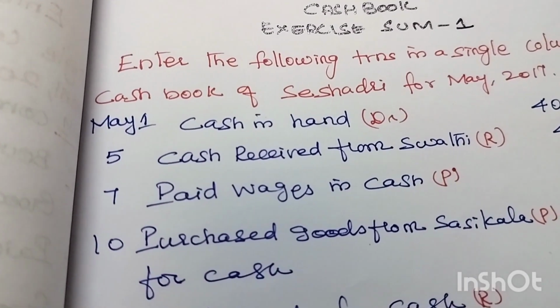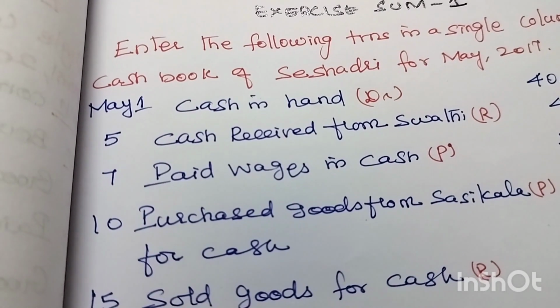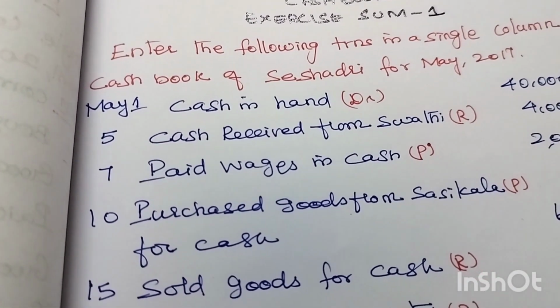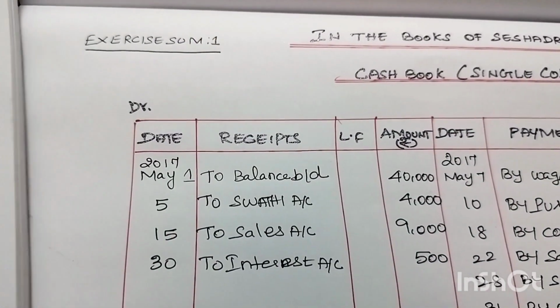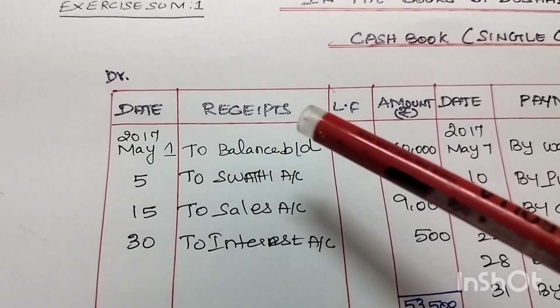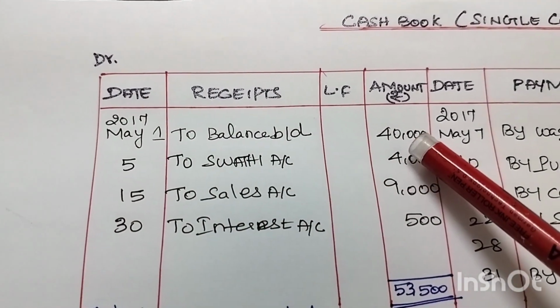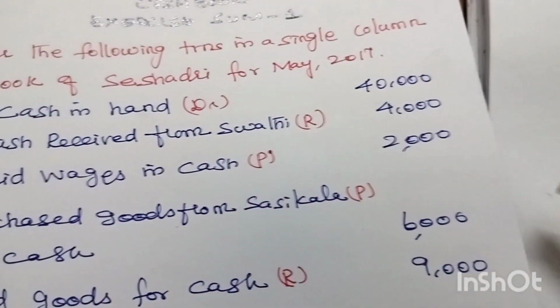In the current accounting period, which means May 1, to balance brought down is 40,000 rupees. We mean it as the cash in hand. So what you have to write in the single column cash book is 2017 May 1, to balance brought down 40,000 rupees. This is the opening balance of the cash book.